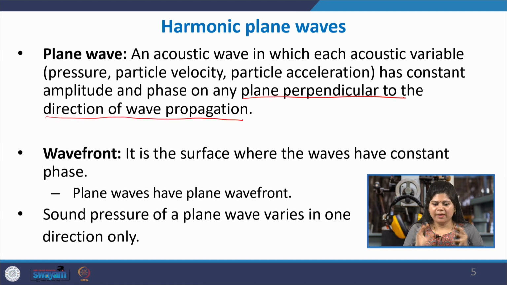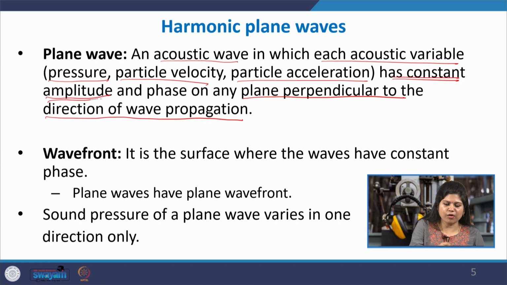To make the definition complete, it is an acoustic wave in which each acoustic variable, meaning the sound pressure, the particle velocity, the particle acceleration, all of these, has a constant amplitude and also a constant phase on any plane perpendicular to the direction of wave propagation.